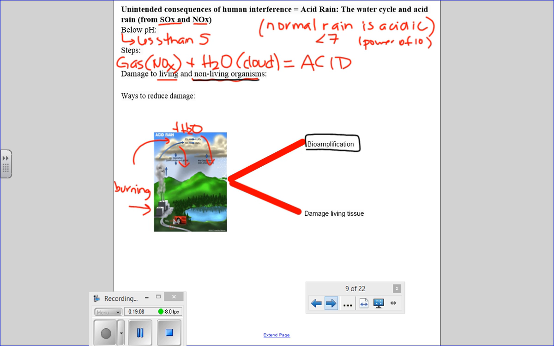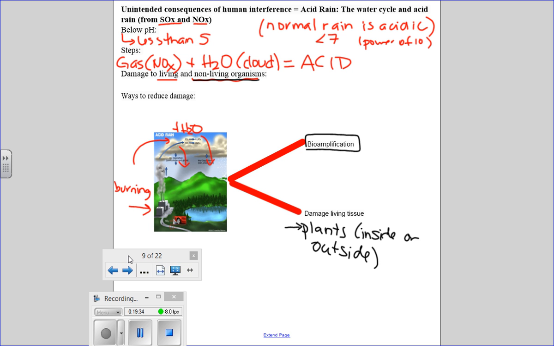So I'll explain both of them. I could damage living tissue. That's pretty obvious. I could damage the plants that are absorbing water, doing photosynthesis, or even plants that are in the spot where the acidic rain is falling. It could damage the inside or the outside.